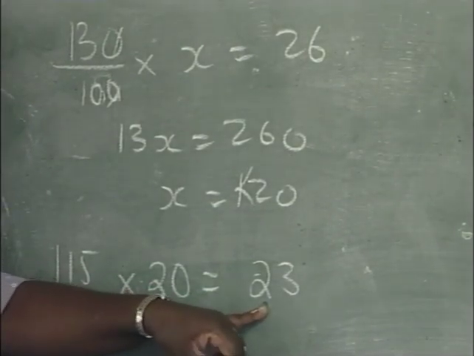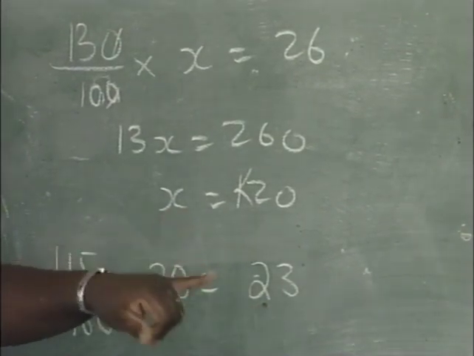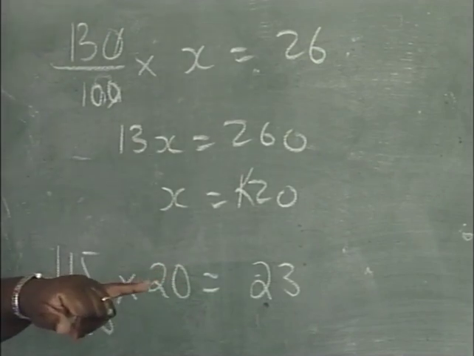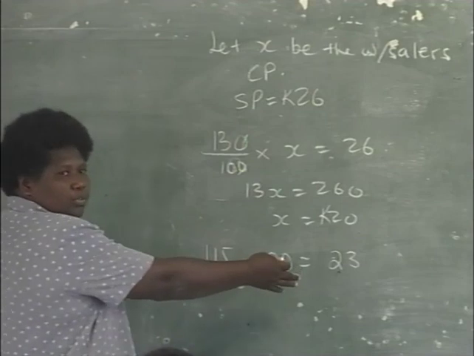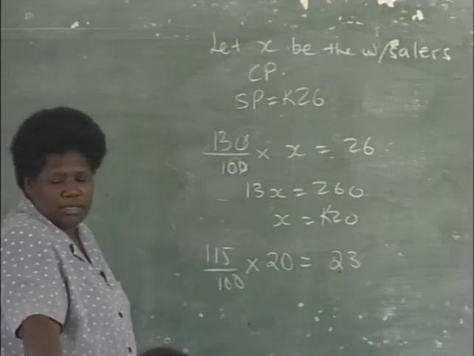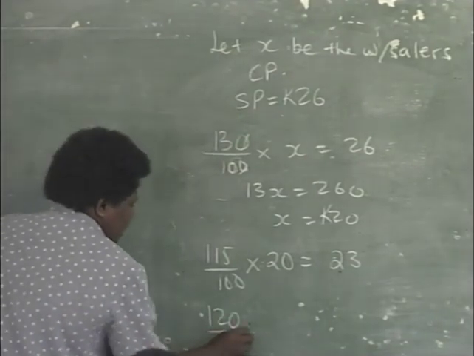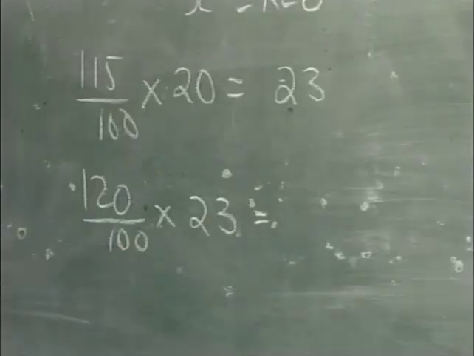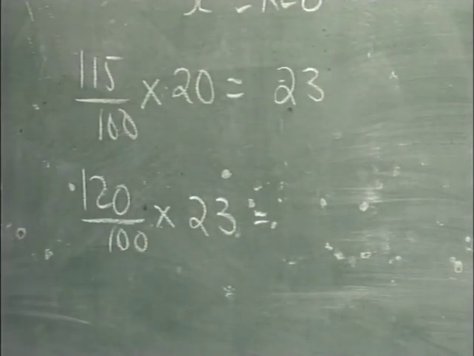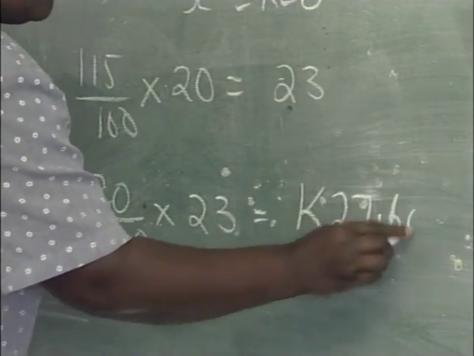But the public who bought it from the retailer will then add 20% on what he paid for the article. So we are now going to add 20% profit to 23 kina because it says here the retailer sells to the public at 20%. So we are going to say 120% of 23 kina, which is 27 kina, 60 toya.